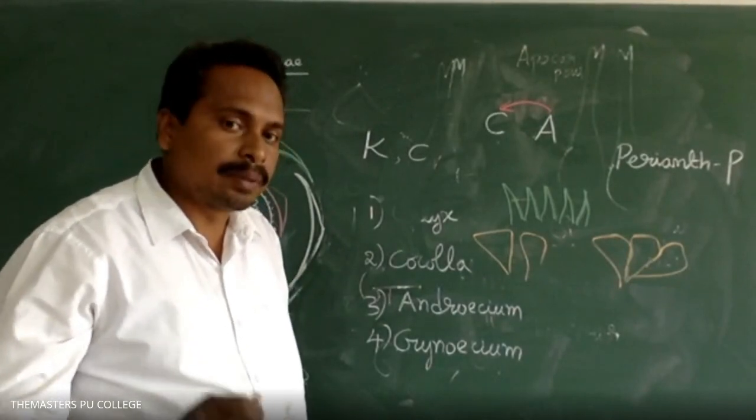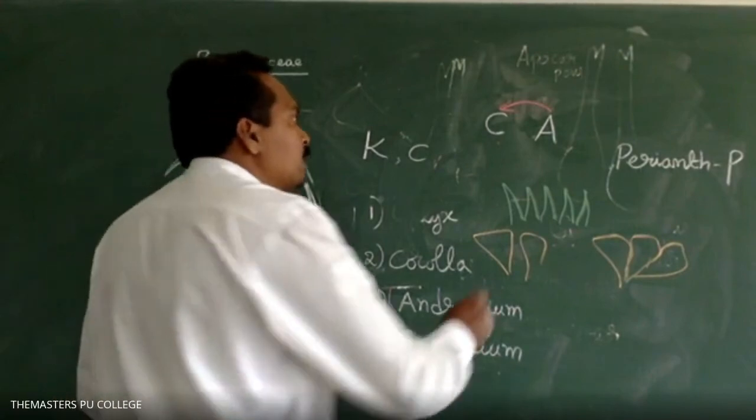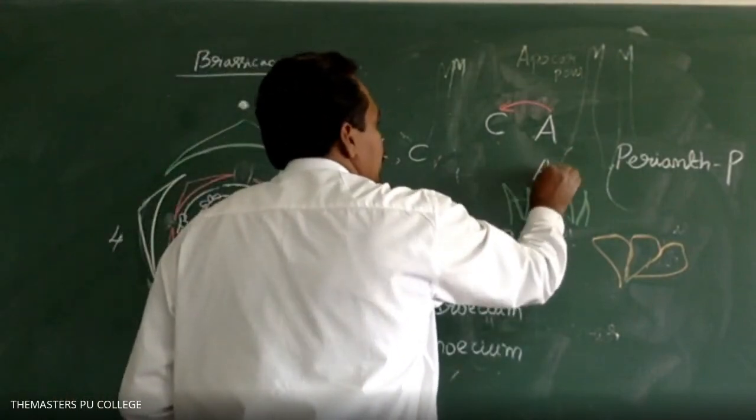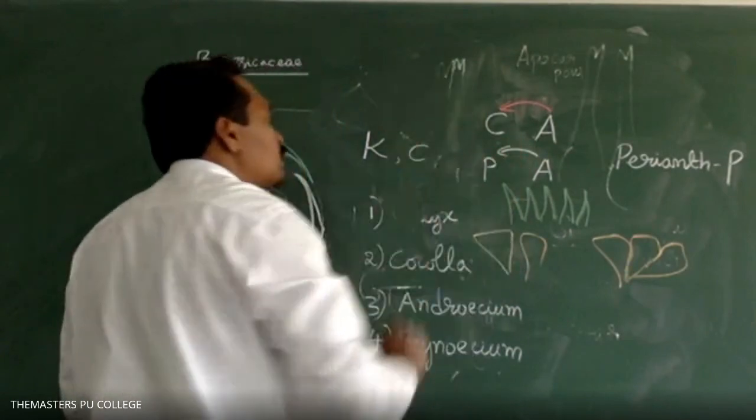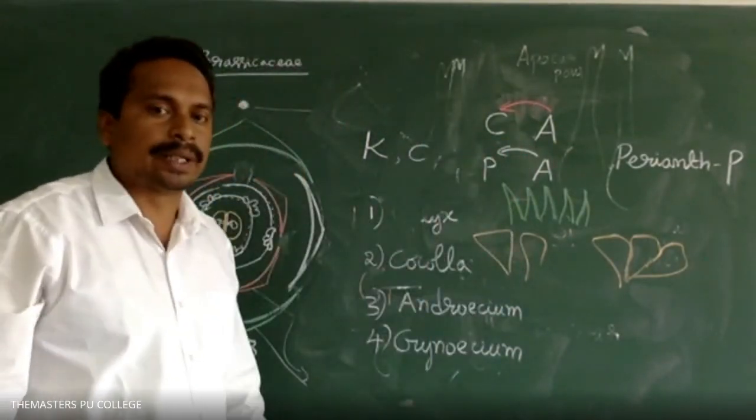So in some plant species like lily, the stamens of the androecium are attached to the perianth.